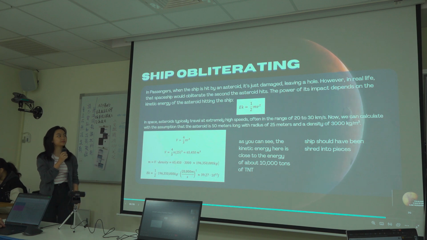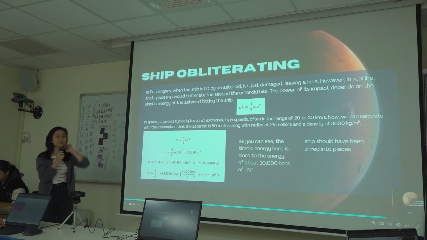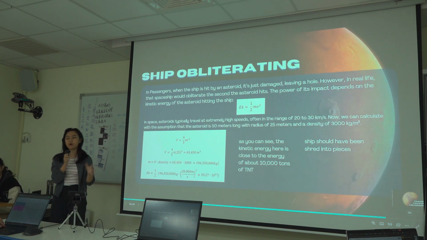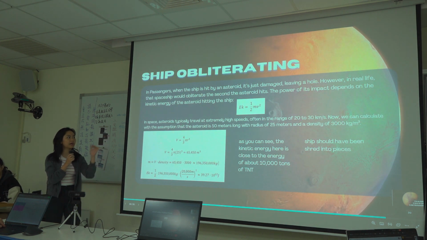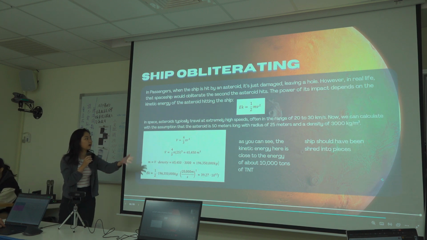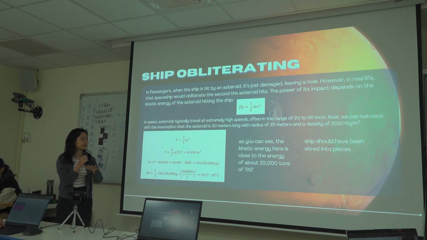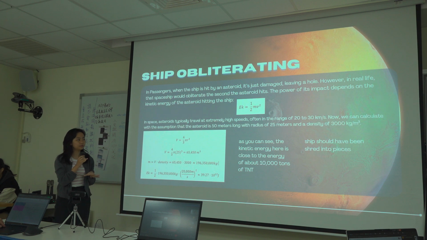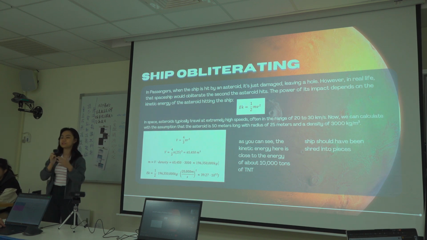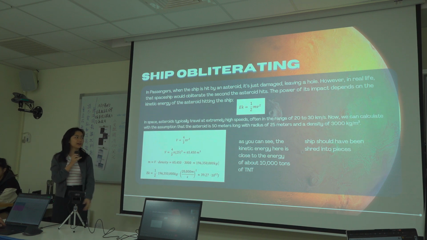Well, in my opinion, from my physics calculation, it's supposed to actually obliterate it. Why? Because if we count the kinetic energy of the asteroid hitting the spaceship, first of all, we need to calculate the volume of the asteroid. It's not mentioned in the movie, but I'm just going to assume the asteroid is that huge and the spaceship is that huge.